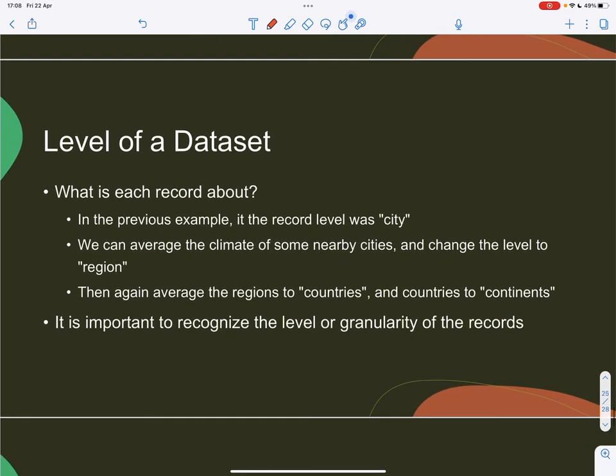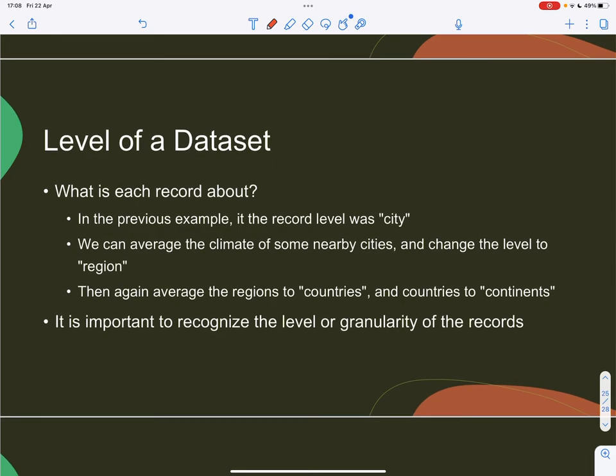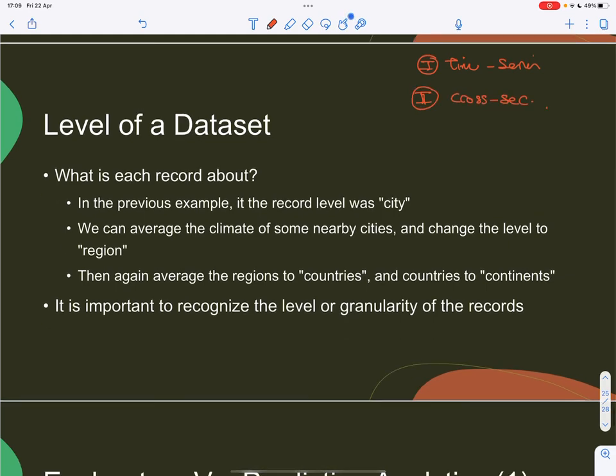So once again, before talking about the level of a dataset, we said that datasets are either time series or cross-sectional. Cross-sectional is a snapshot.